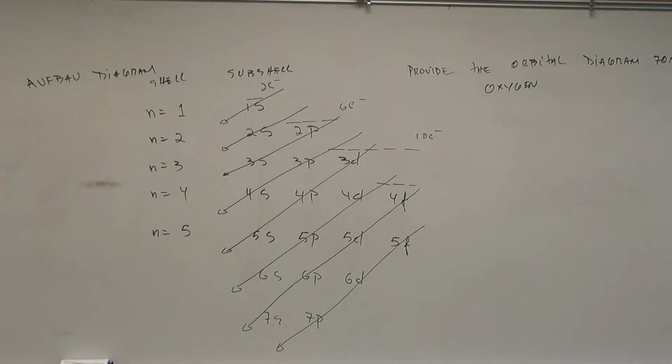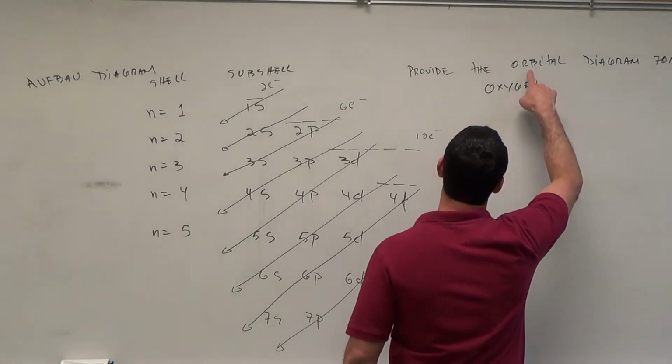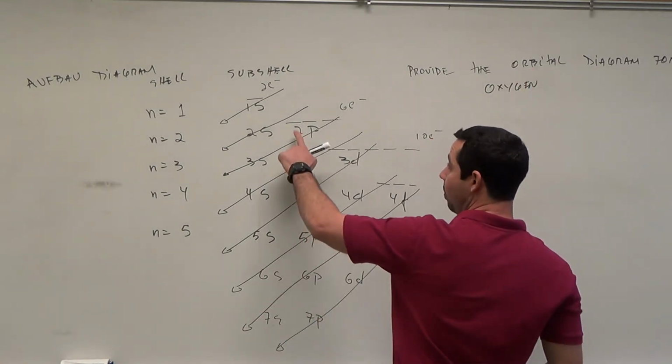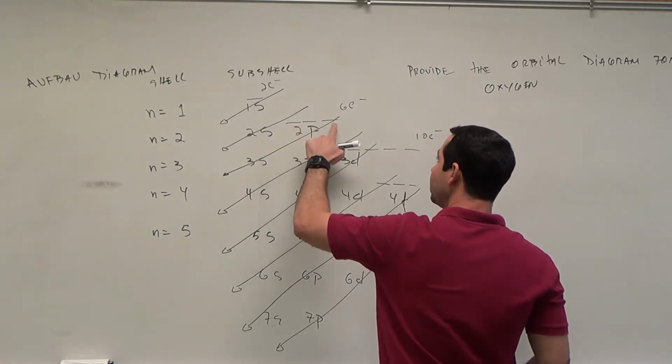Now the orbital diagram, is it the same thing as the electron configuration? No, that's why it has a different name, yes? The orbital diagram shows you the orbitals. And the orbitals, the way I have explained this to you, are these lines on the top.